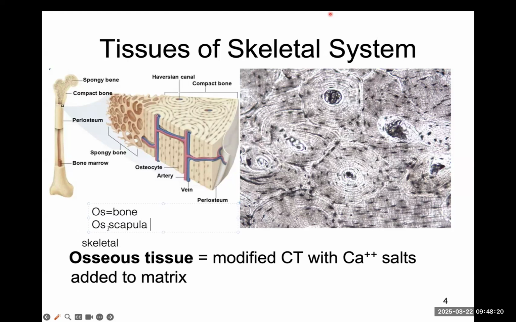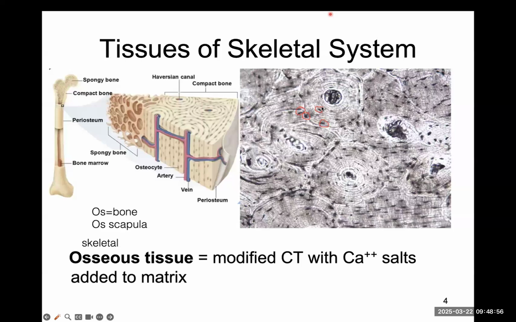There are a lot of different terms we can use to describe bone tissue, either skeletal tissue or osseous tissue, and all these names refer to the structure that is modified connective tissue. So that has cells in it. Those tiny dots are the cells. And then there are these dark things that look like tree trunks.